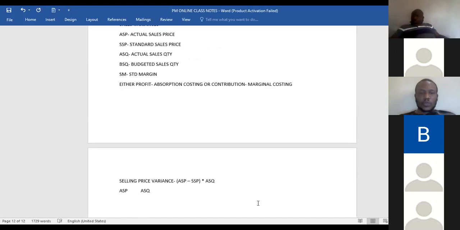Then we would have SSP, so we're opening the bracket, multiplying by the one outside, so ASQ. That gives us our sales price variance. You get what I'm saying? Is this fine for everybody?